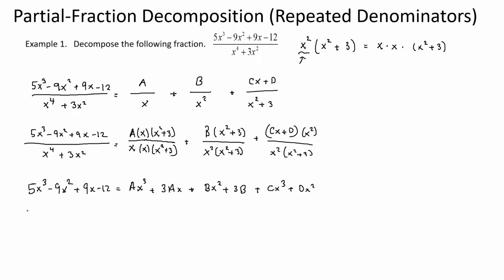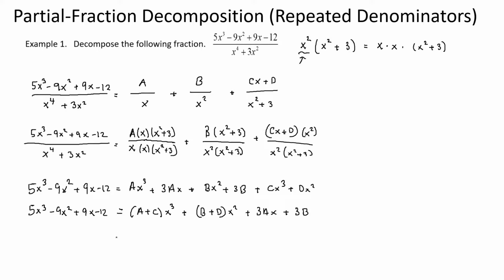Now if you group them, a plus c will be the coefficient of x to the third, b plus d will be the coefficient of x squared, plus 3ax plus 3b.